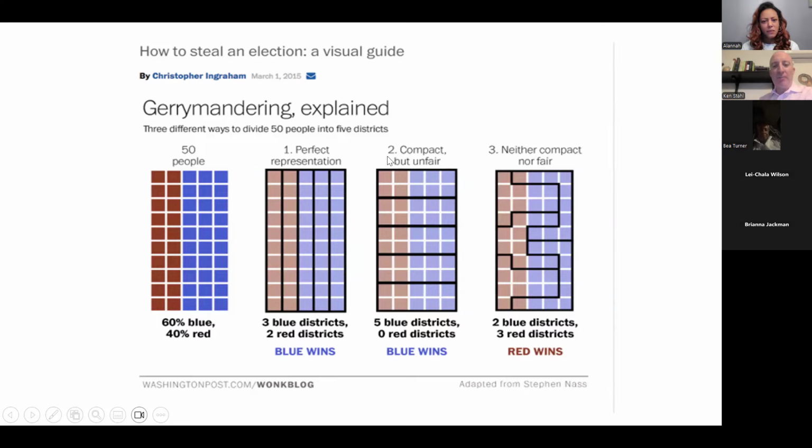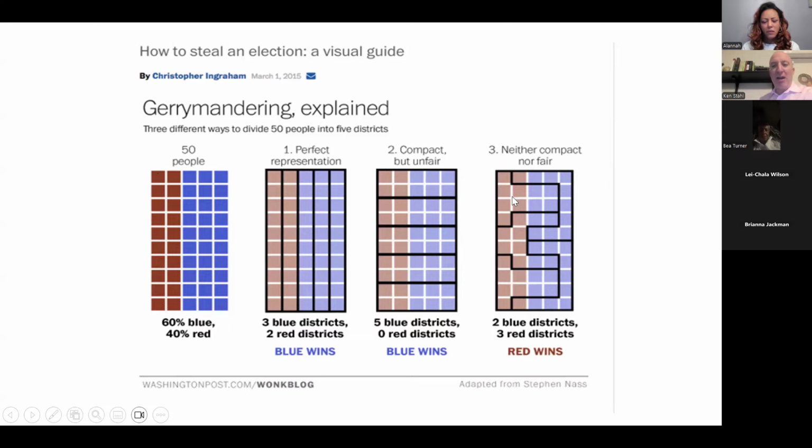The second one is described as compact but unfair. It packs a minority of the red voters into five blue districts. So blue wins each time. And then the third is maybe the most pernicious of them, in that you can actually draw these lines so that red wins 3 districts to 2, even though only 40% of the constituents are red here.